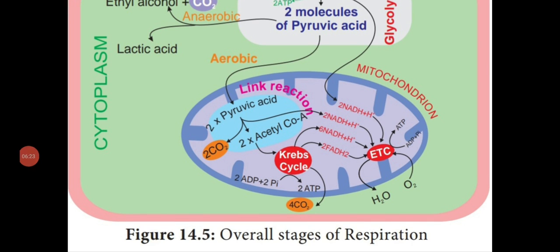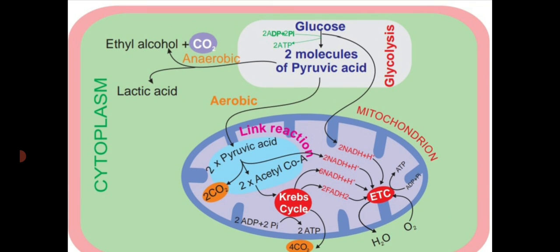Dear students, see the diagram. This is the overall reaction or stages of respiration. First one, glycolysis, takes place in the cytoplasm. It is a common process that occurs in both aerobic and anaerobic respiration.